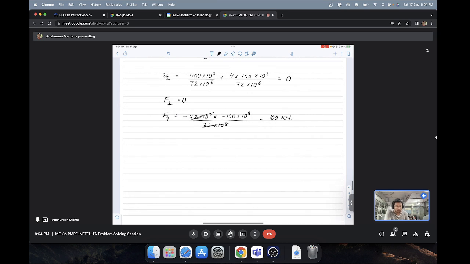Now next step is to calculate the stress in element 1 having node 1 and 2.